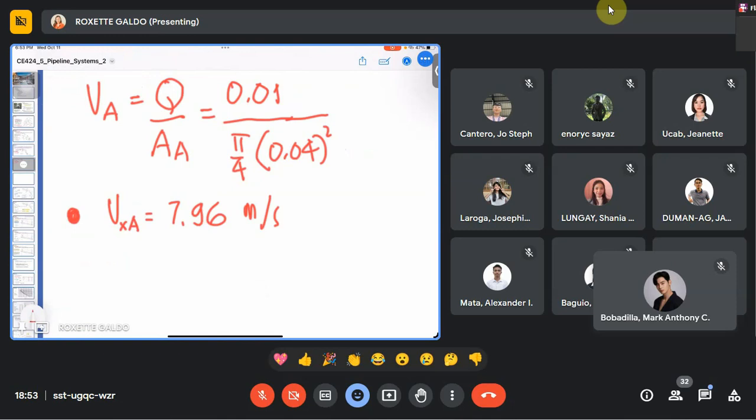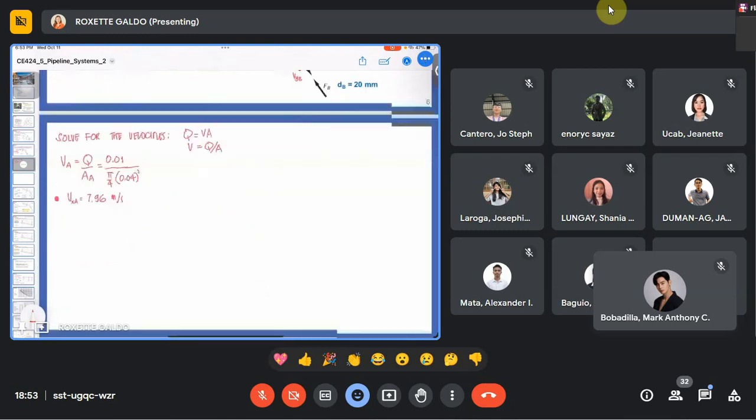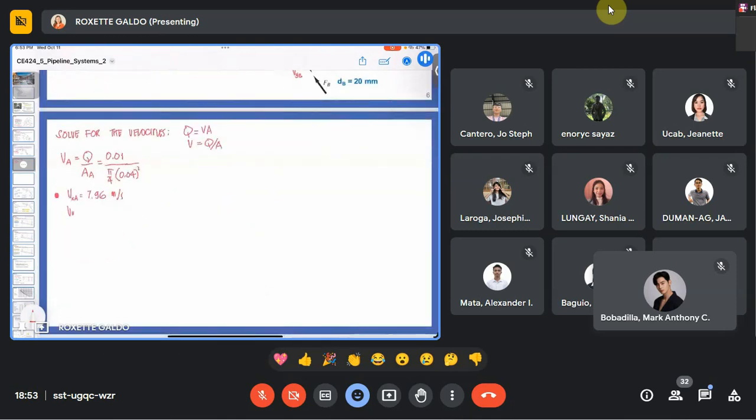Okay? So now for VB, VYA is 0. Now let us solve for the velocity at B. We can still use V is equal to Q over A, still from this equation. Q is known and the diameter of the pipe at B is still known, so we can still identify its area.